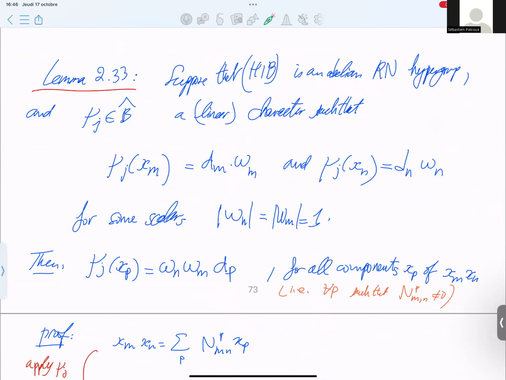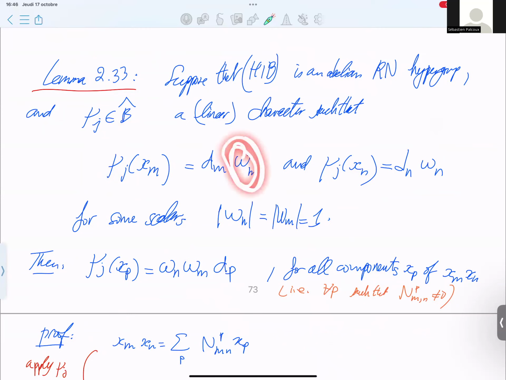Anyway, you take an abelian real and non-negative hypergroup and a linear character such that this, what is that?